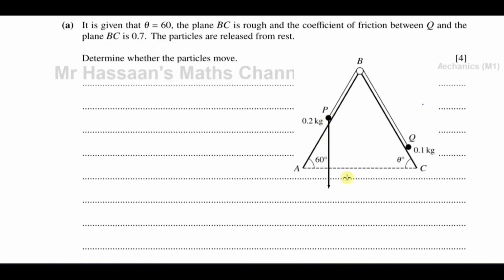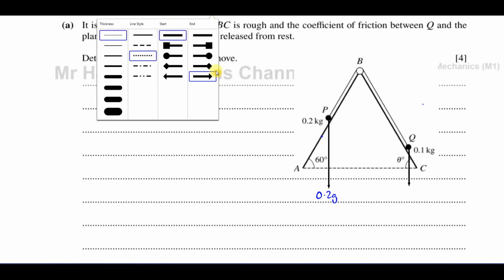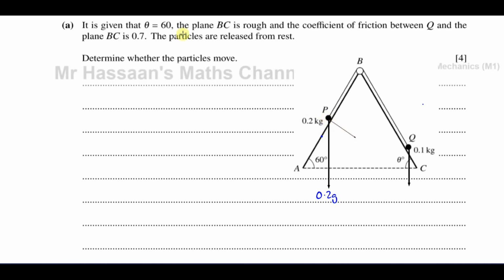So this is, for example, the weight here. This is the weight there. So this is 0.2 G, and if this is 60 degrees, that's going to be 0.2 G going into the angle.